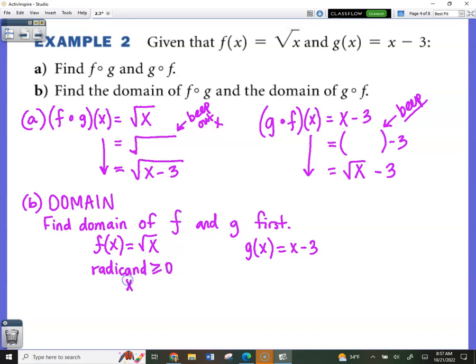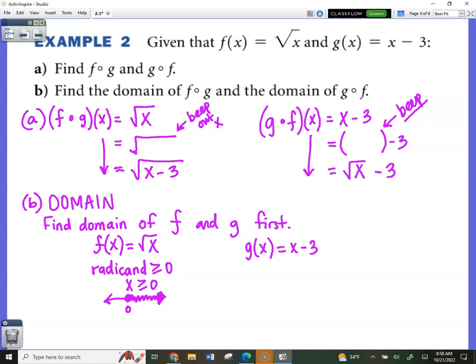The radicand is x. So x greater than or equal to 0, there's nothing to solve. So there is your domain restriction on f, right? Let's make a note. Little number line. I'm going to put a 0, and it's closed, and it's going this way. Correct? Would you agree? All right.